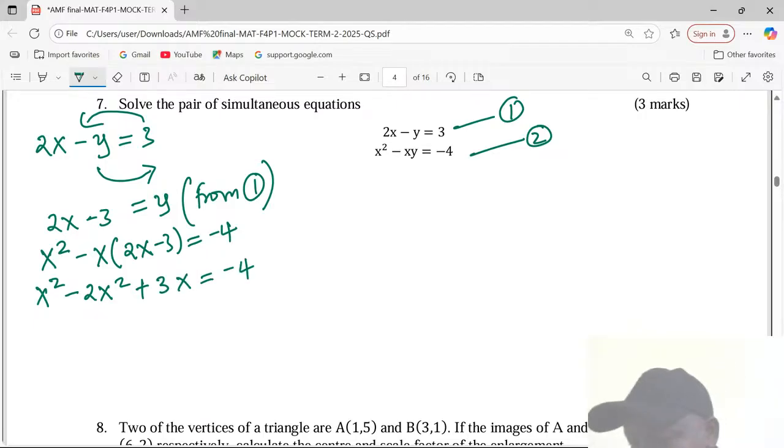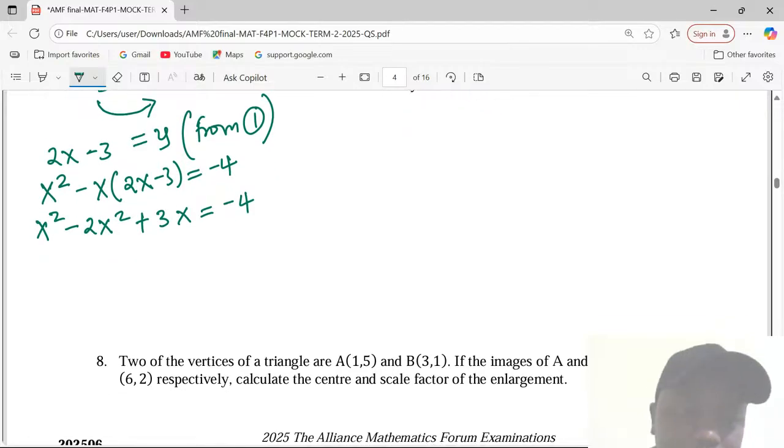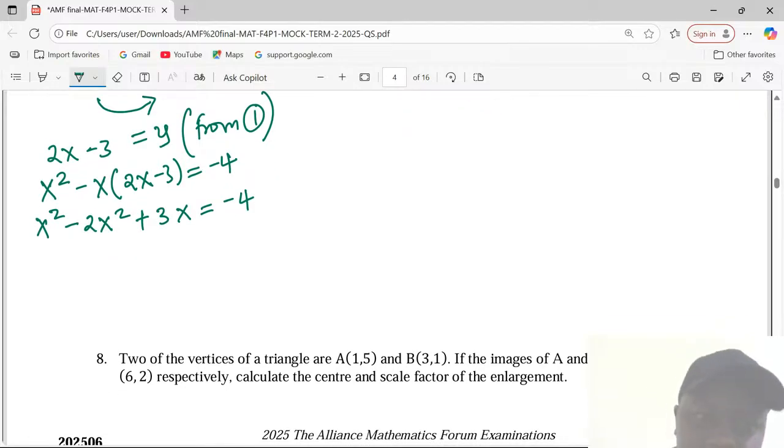You see? So this is now becoming a quadratic equation. When you group terms, this shall be negative x squared, because of x squared minus 2x squared. So negative x squared plus 3x equals negative 4.